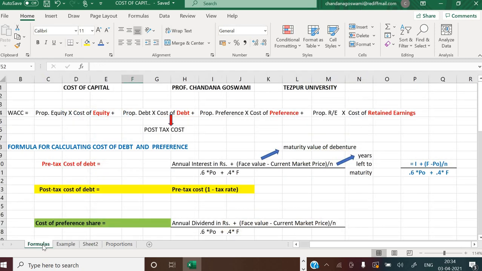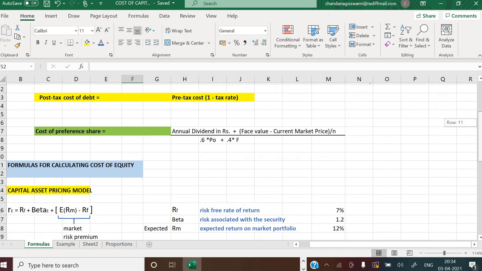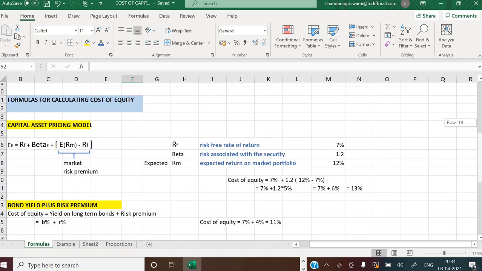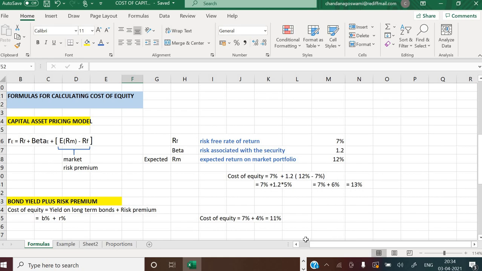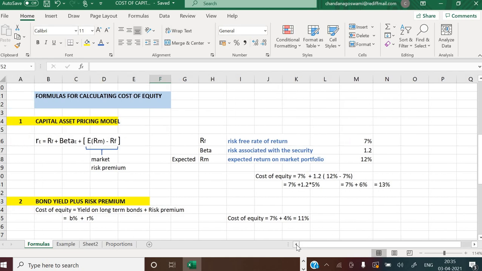So here we have understood how to calculate cost of debt and cost of preference. Let us go ahead. We will now try to understand how to calculate the cost of equity. There are 4 different formulas for calculating cost of equity.